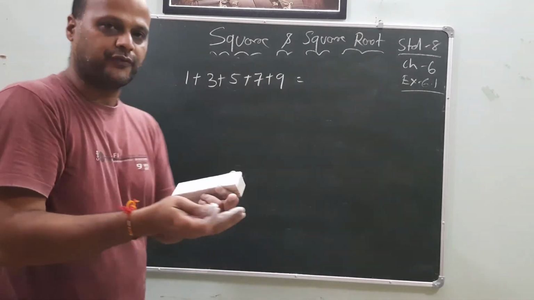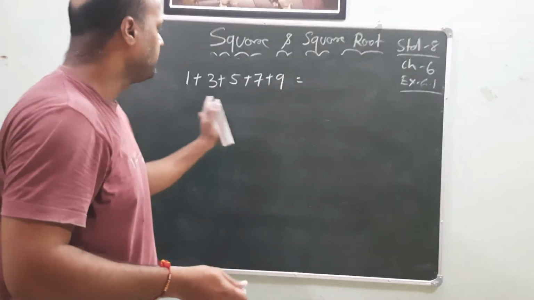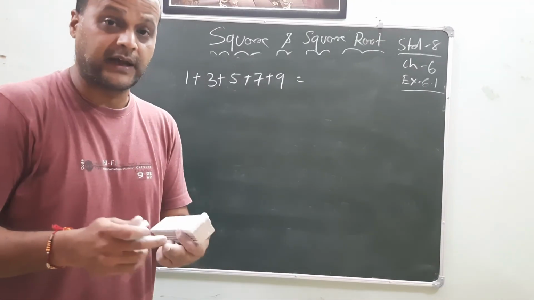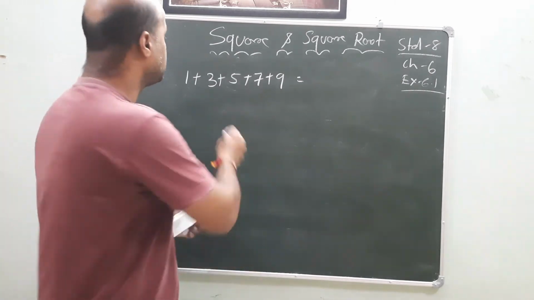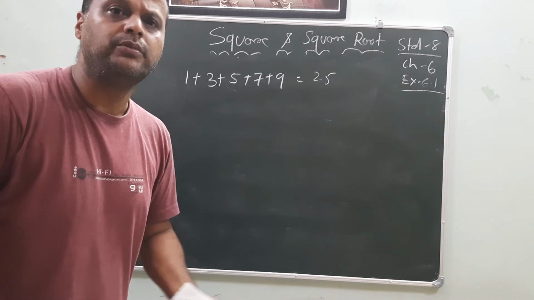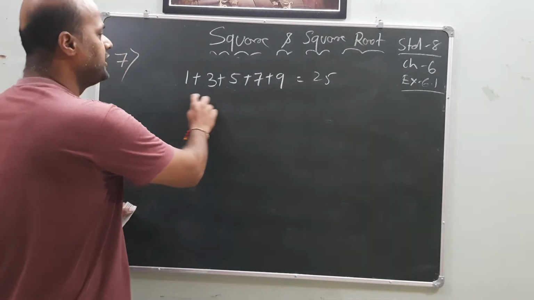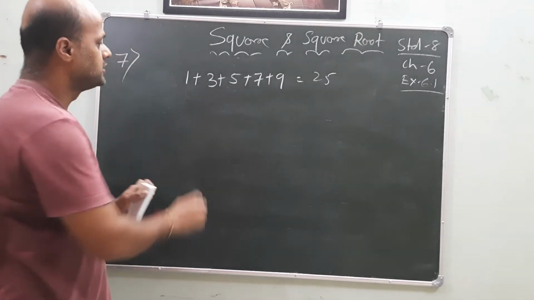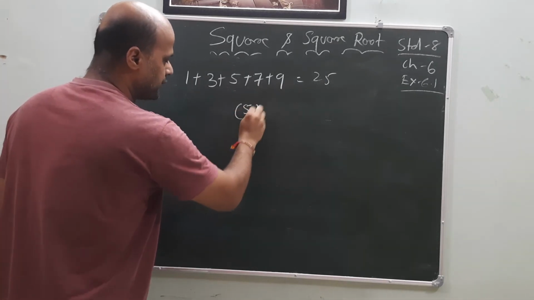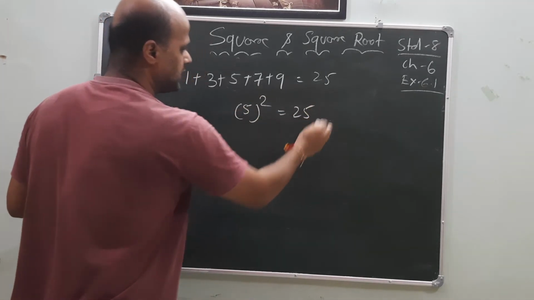Without adding with your fingers or your minds, can you tell me what is the answer? No, na? But you can add by yourself and you can tell it is 25. But without adding, how will we do it? The formula is what? How many numbers are there? Just count it. 1, 2, 3, 4, 5. 5 means 5 square is equal to 25.